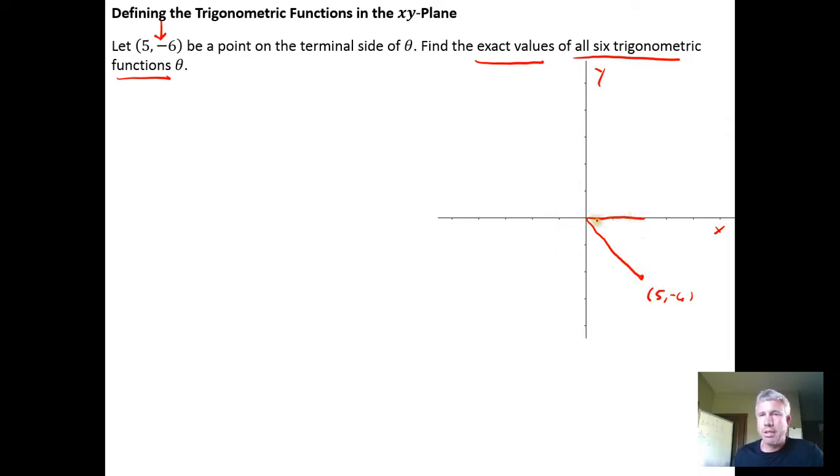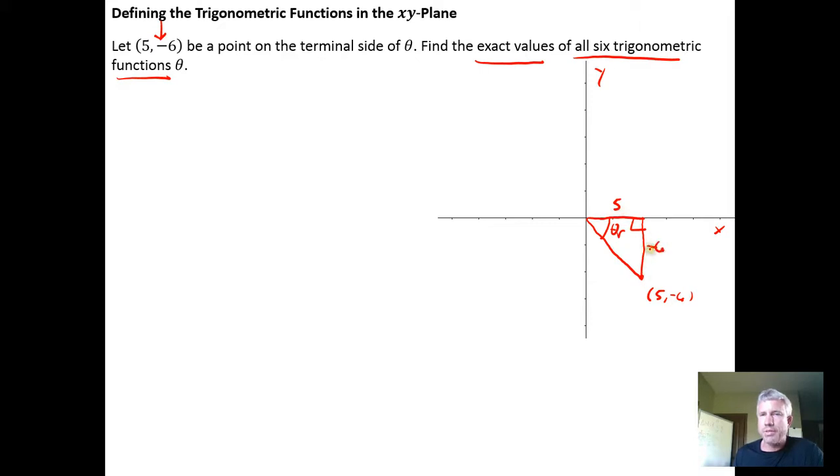And there is an angle theta that goes with it. And then there is a reference angle theta r that goes with that point. And I can drop my perpendicular and get my right triangle relative to the reference angle. And then we can walk through and get the 6 trigonometric functions. What we want to recognize is that this horizontal width is 5, and this vertical height comes from the y-coordinate.